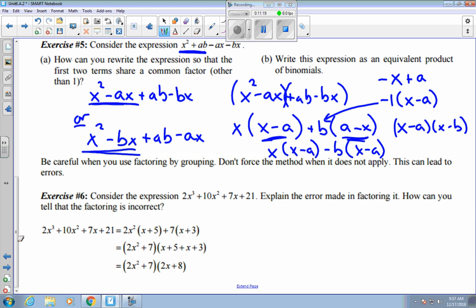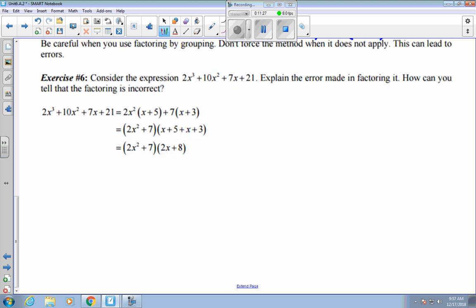Be careful when you use factoring by grouping. Don't force this method when it does not apply. They're showing you an example where it does not work. If I look at the last exercise, 2x cubed plus 10x squared plus 7x plus 21, I group it. They took out the 2x squared, and you're left with an x plus 5, and then for the 21, you took out a 7, you're left with an x plus 3.